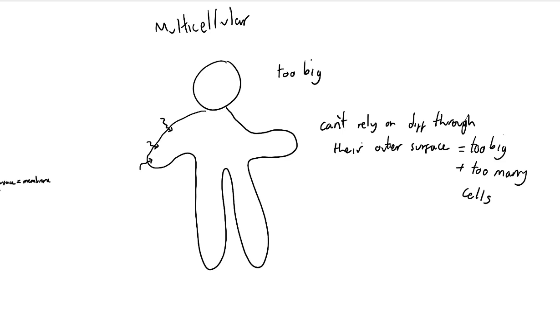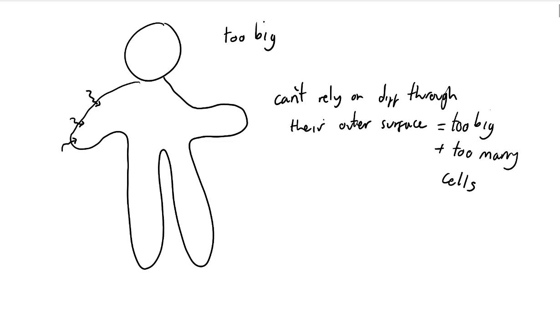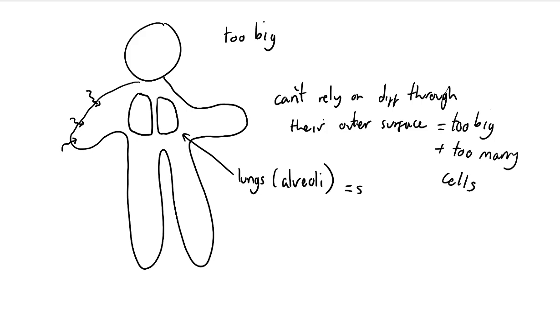So instead what they need to do is they need to develop a specialized exchange surface. In this case the lungs, and more specifically their alveoli. That'll be their specialized exchange surface.